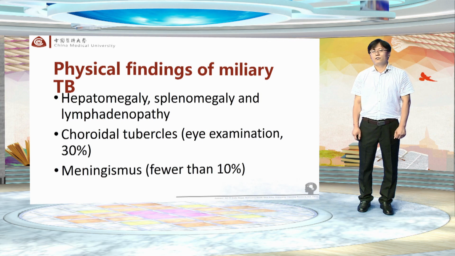Choroidal tubercles can be found by eye examination in 30% of patients. Fewer than 10% of patients may have meningitis of TB.